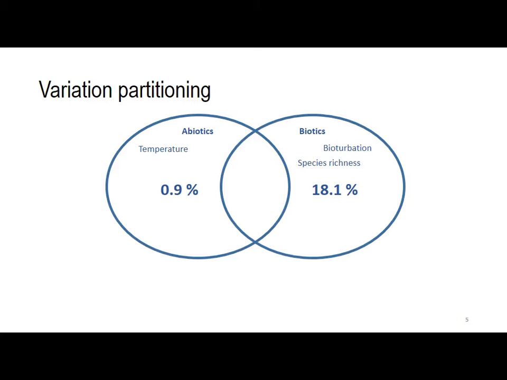But the overall power of the model is less than 20%, so it's not very strong. And if we make subsets of the data set, we often get much better results.